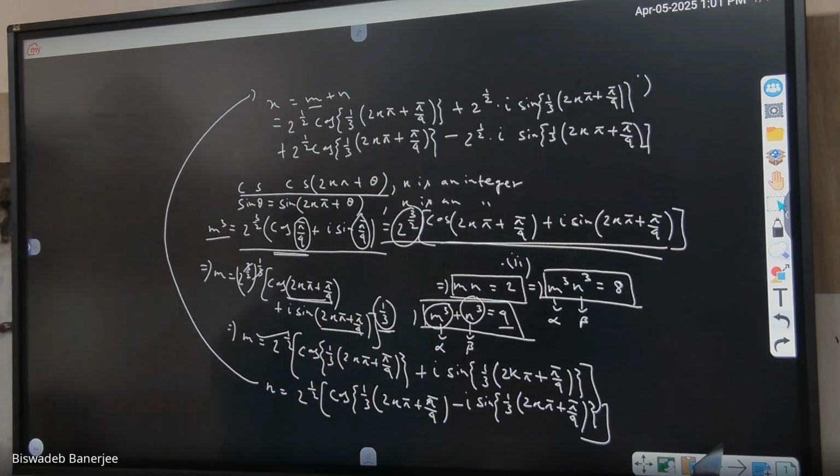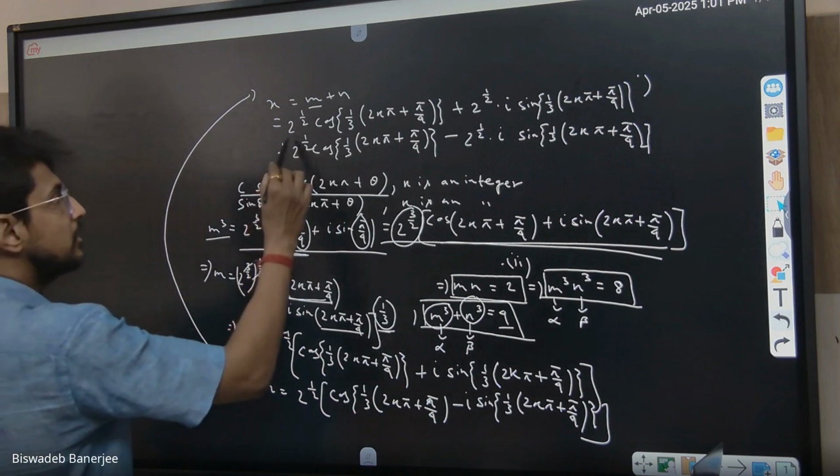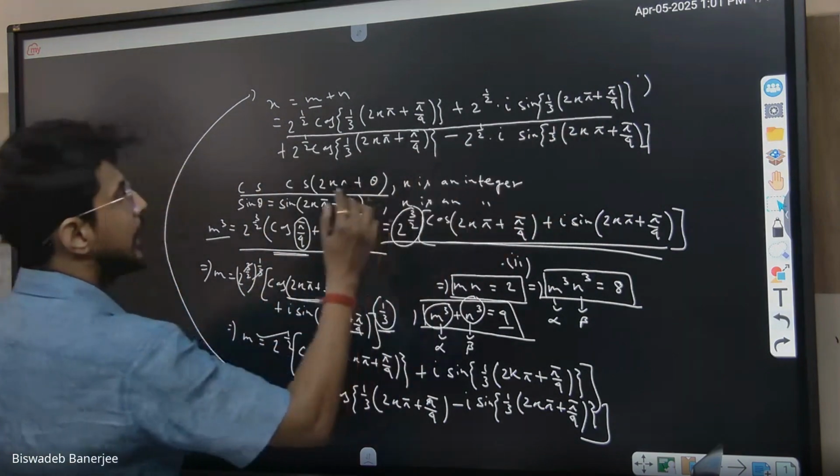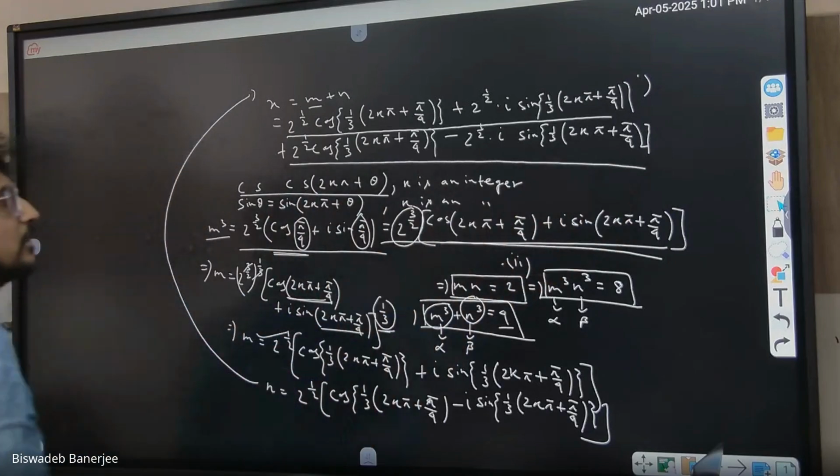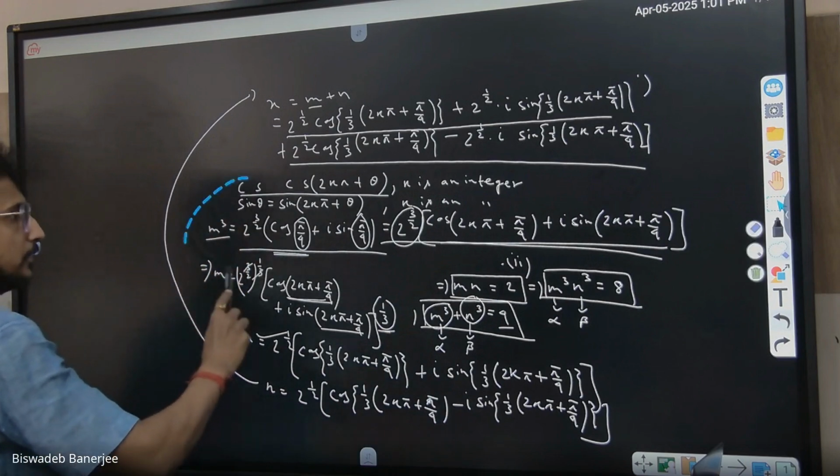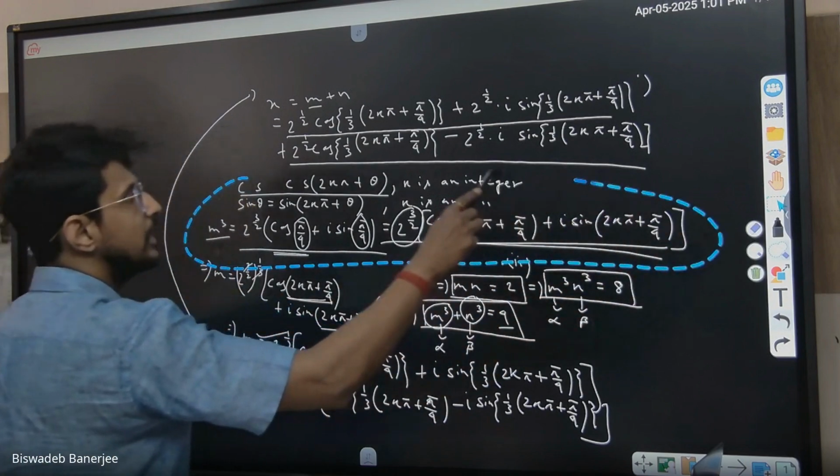Just putting values of m and n. This entire thing is my value of m and this entire thing is my value of n. These are simply my values of m and n.